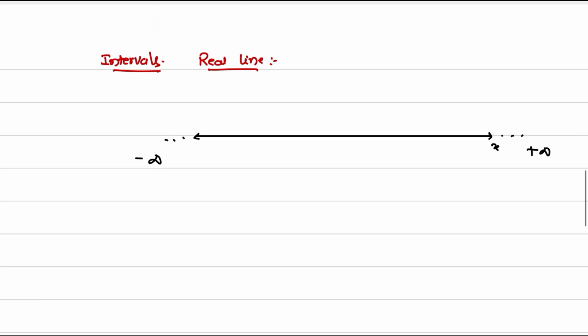What is an open interval? Open interval means open on both ends. For example, you go to the market with some 100 rupees in your pocket and you want to purchase some item.